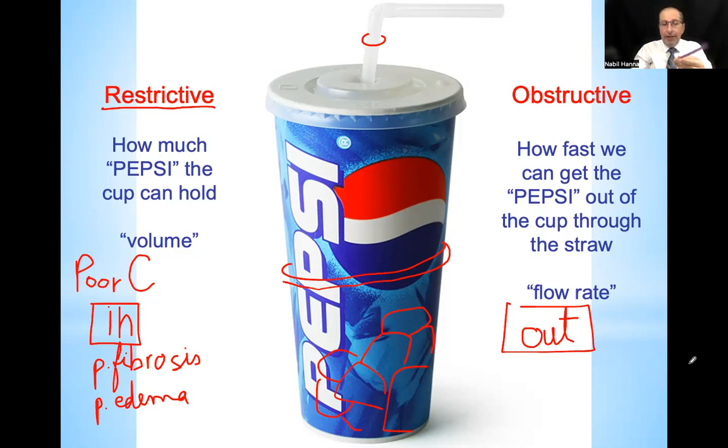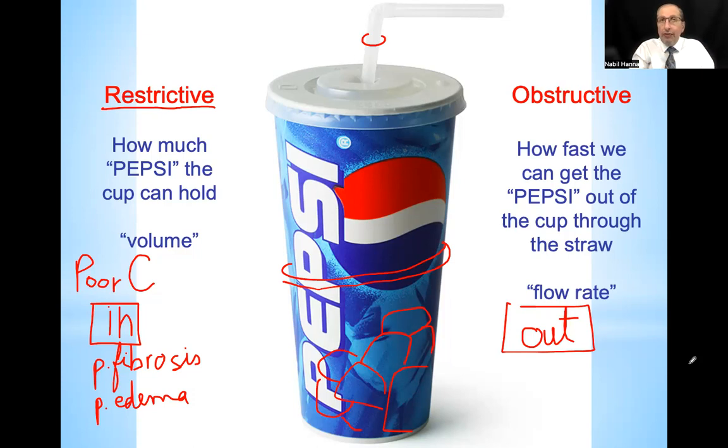So let's compare this straw with this one. That straw is the normal bronchi, the normal caliber of bronchi. You can get air, you can get Pepsi easily flowing in this kind of straw. But with this one, you will have great difficulty getting Pepsi out.